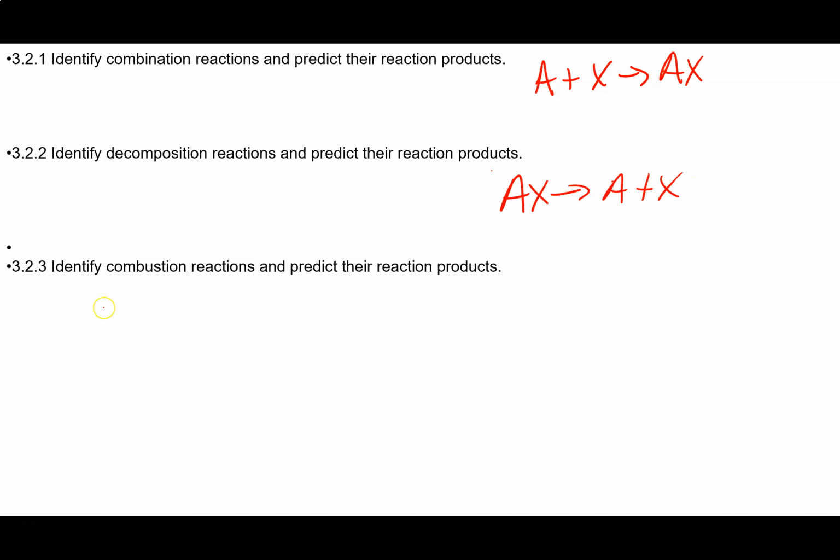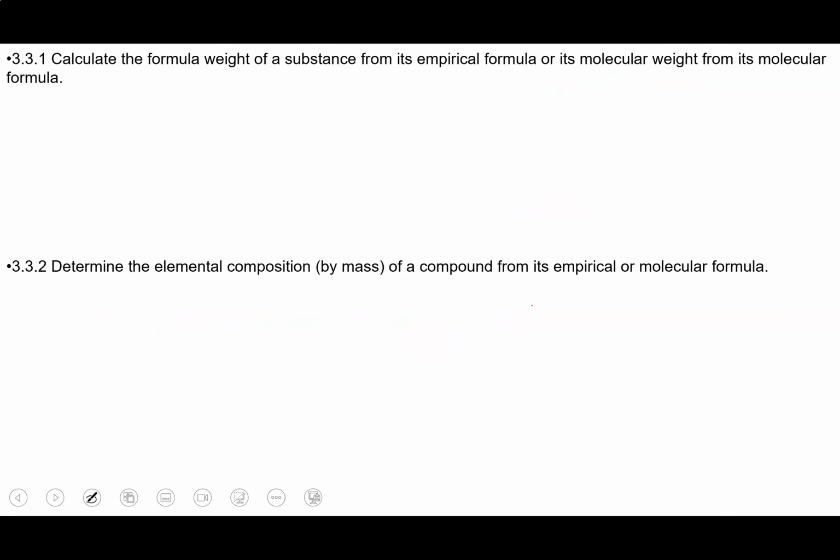Combustion reactions have 3 things that are in common. Identifying them and being able to predict what's going to happen if they're actually going to occur the way they say they are is going to be one of the skills that will be quizzed on this particular test.